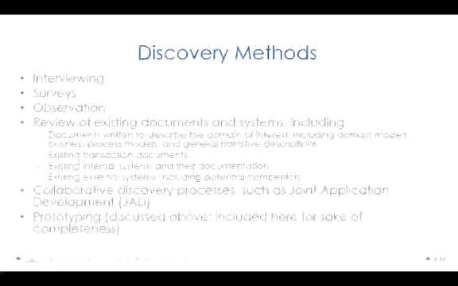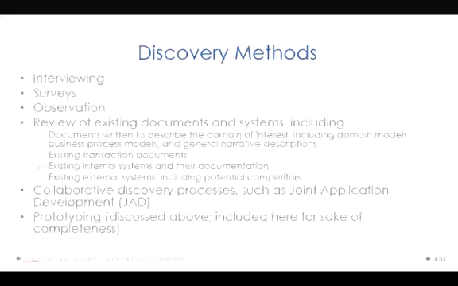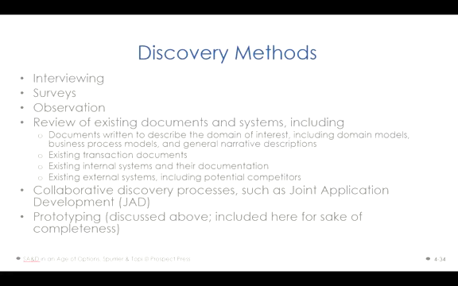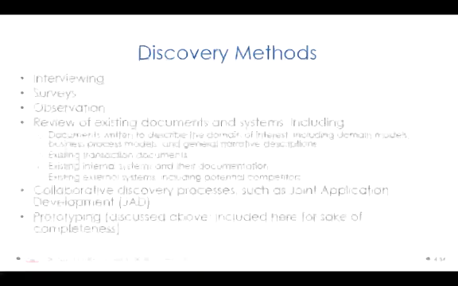You go to an organization as a project team or maybe as a consulting firm, and the first thing you do is, of course, interview, send out surveys, read their organization documents, and observe how people are doing their jobs. In the 90s, a method called joint application development was created to formalize this process.